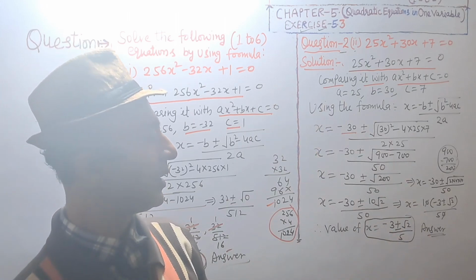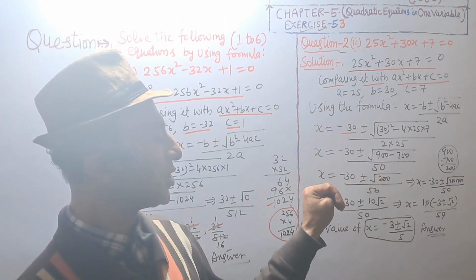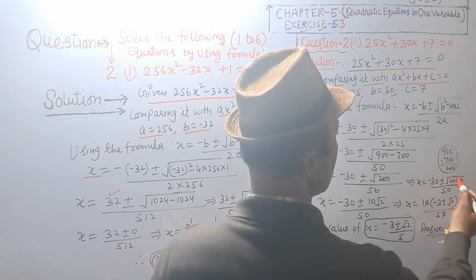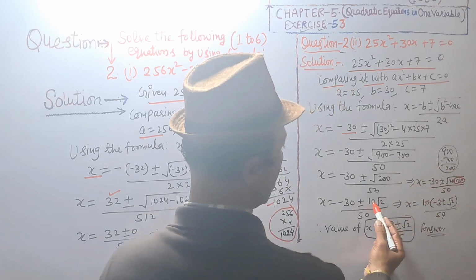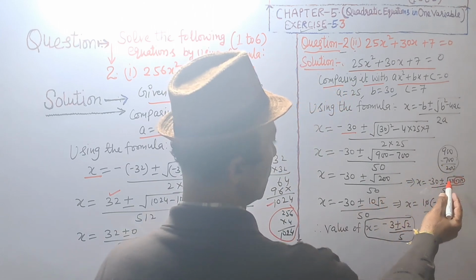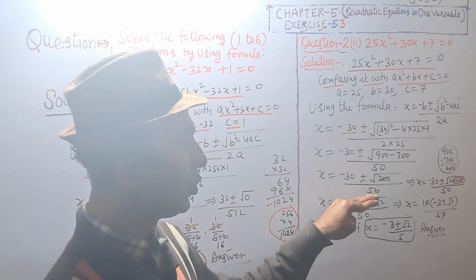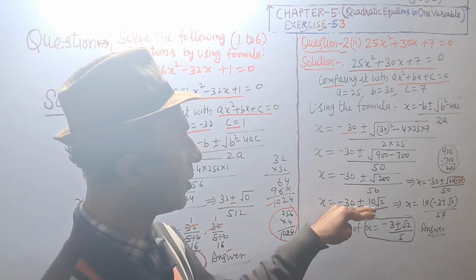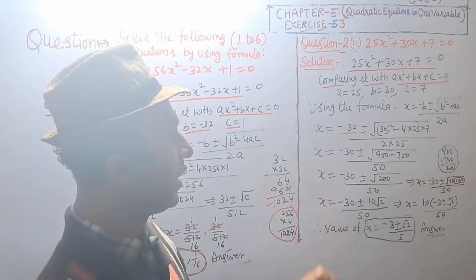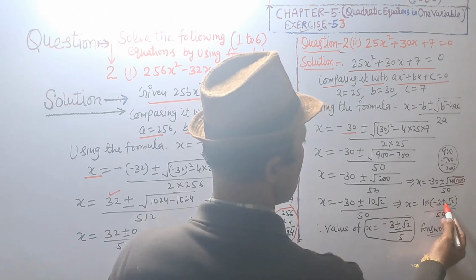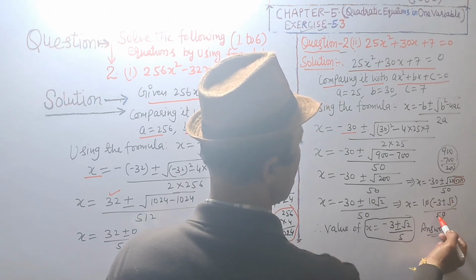X is equal to minus 30 plus minus root 900 minus 700 that is equal to 200, and prime factorization of 200 we can write 2 into 10, one pair of 10 we are taking common, we get 10 root 2, and minus 30 plus minus 10 root 2 upon 50. We are taking common 10 in numerator, in bracket minus 3 plus minus root 2 upon 50, 0 is cancelled.